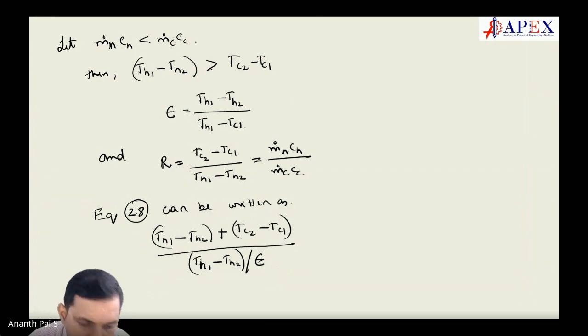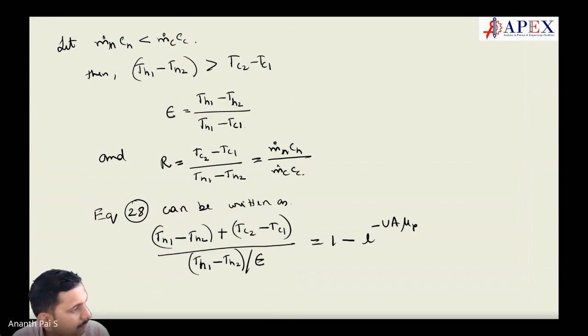Okay. That should be equal to 1 minus e power minus UA mu t. Correct?